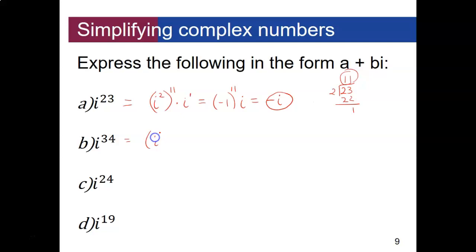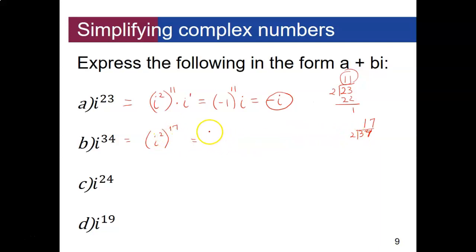So again, we're going to start out with i squared, and we need to figure out what power that's going to be. So if I take 34, and divide that by 2, 2 goes into 34 17 times, and there's no remainder there. So this would be i squared to the 17th, and I'm not going to have anything out here because it went in evenly.